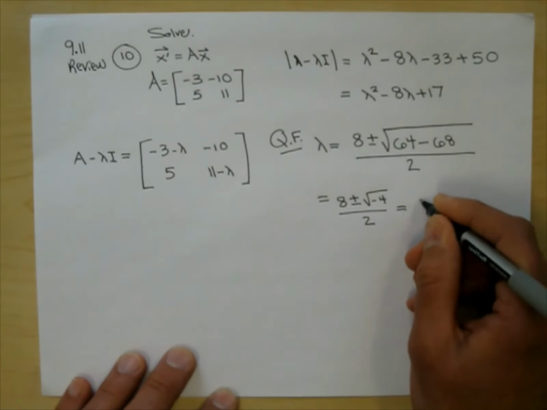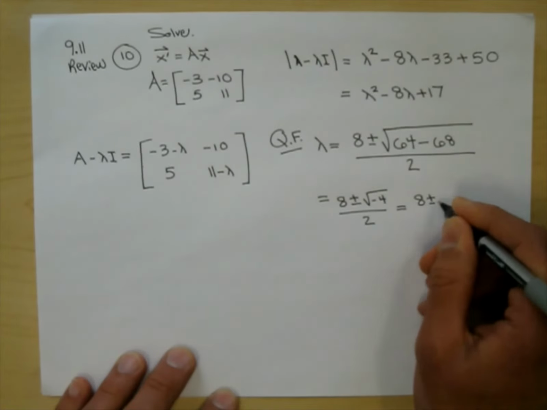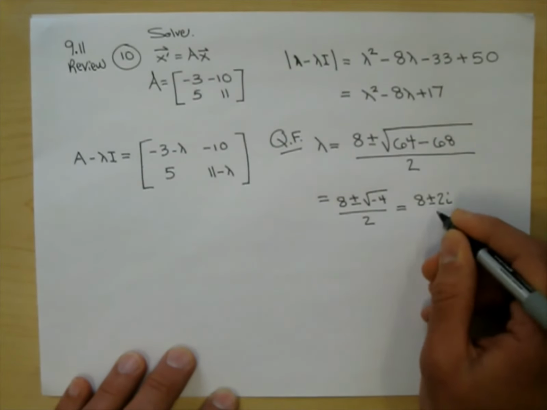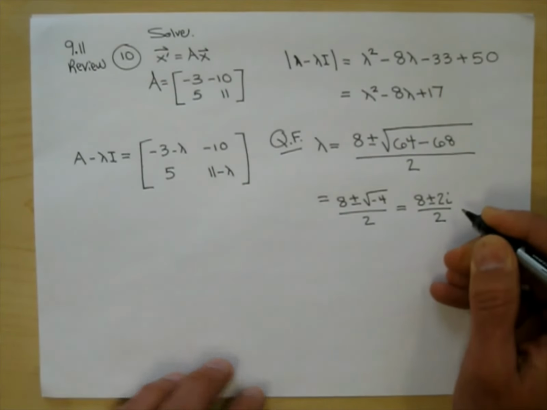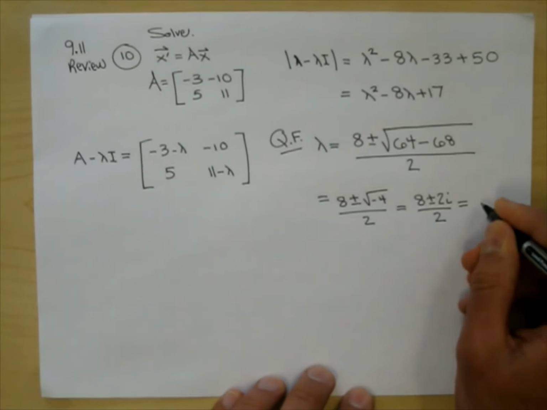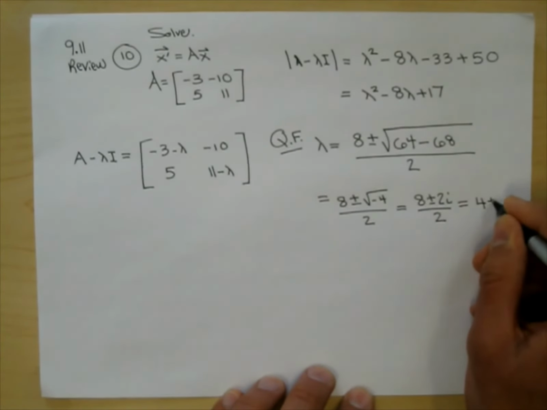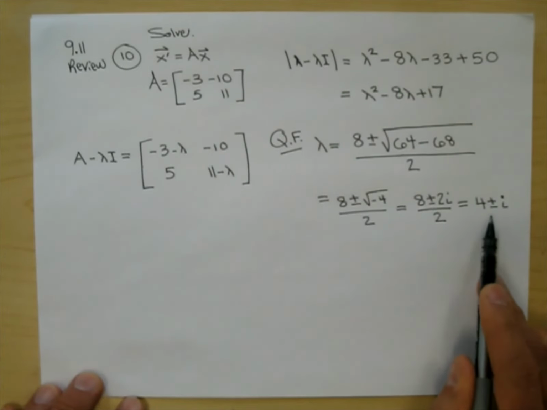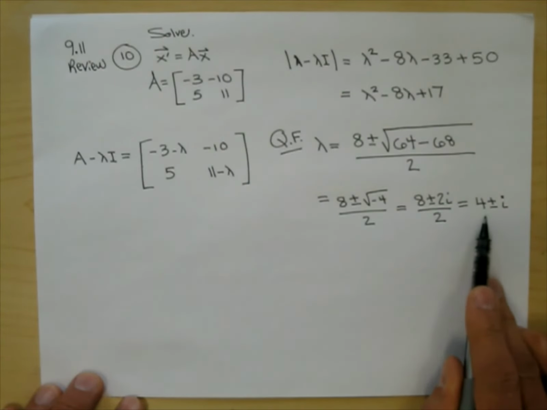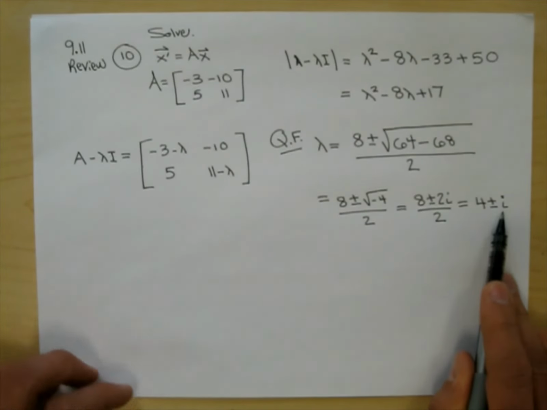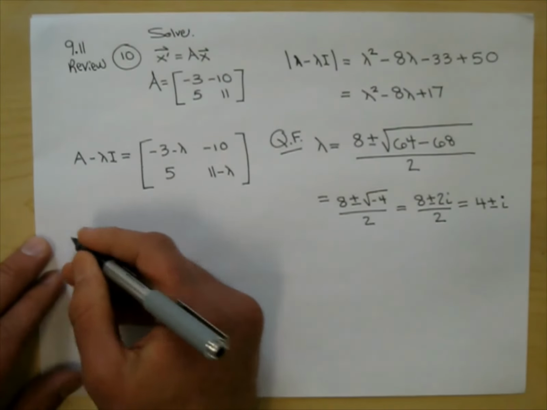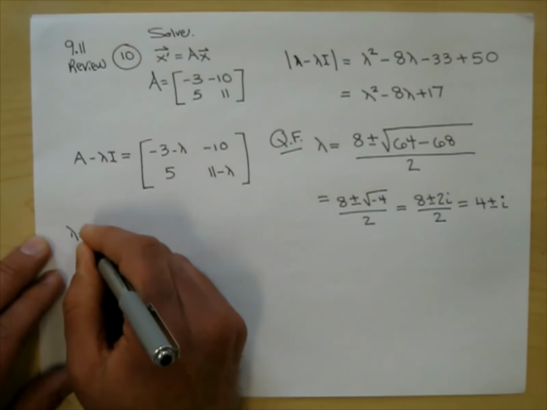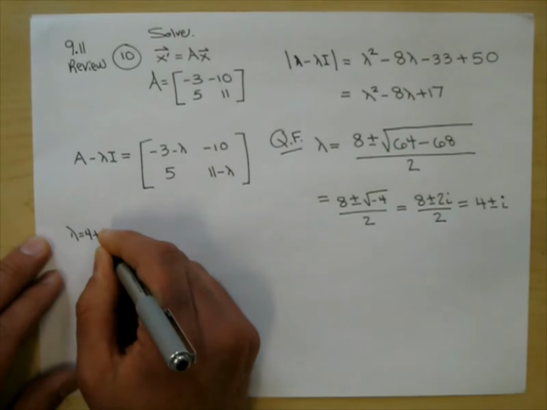This gives me 8 plus or minus 2i over 2, and that reduces to 4 plus or minus i. So in this problem, my eigenvalues happen to be imaginary numbers. I'm going to go ahead and start off with the 4 plus i. So lambda equals 4 plus i.